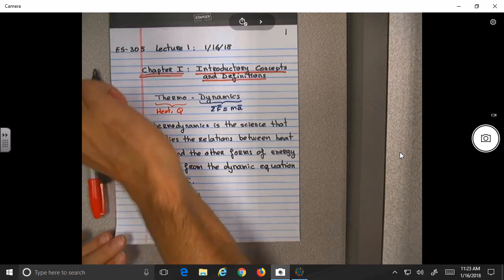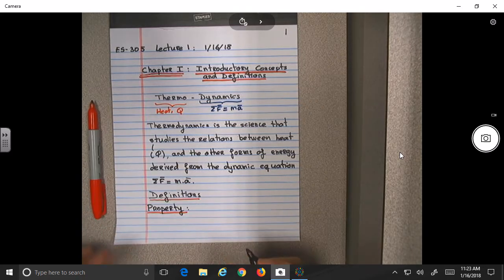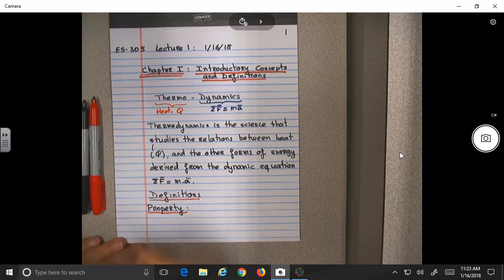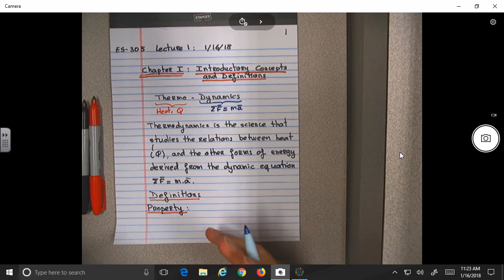So what's a property? What could be a property? I just put this one, but I agree. A state of a substance is defined by its properties. Okay? But a property, if somebody asks you, what is a property? It's like a physical characteristics of something, no? Okay? So let's just write something in that direction.